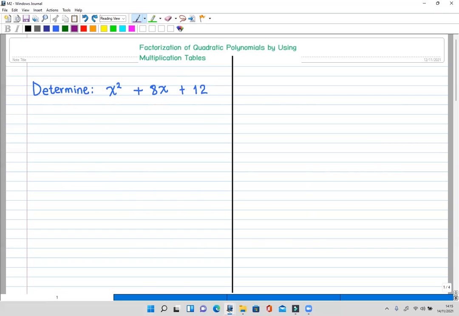Now, step 1, we will create a multiplication table and then write x squared in the upper left corner and 12 in the lower right corner, as you can see. Let's have our table drawn like this.